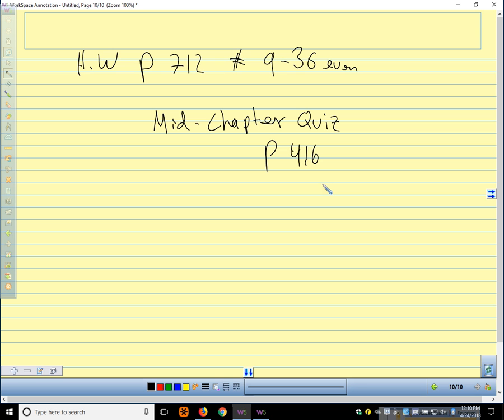And I get 135 equals 15 r squared. Divide by 15. R squared equals 135 divided by 15, which is 9. Take the square roots. R equals 3.